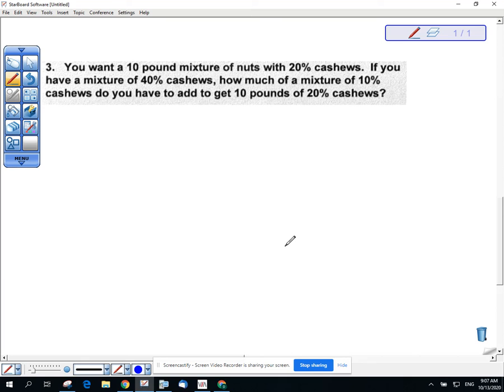Okay, so again, let A be the 10%, and let B be the 40%. And I may have done that backwards, but it really doesn't matter, right?